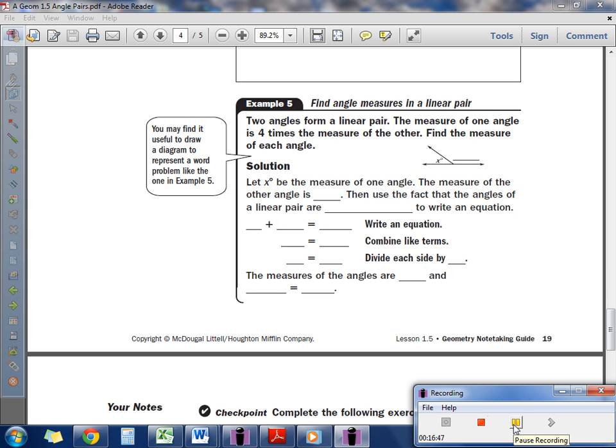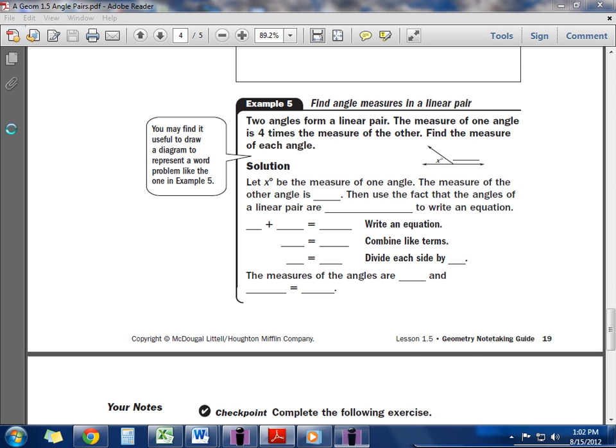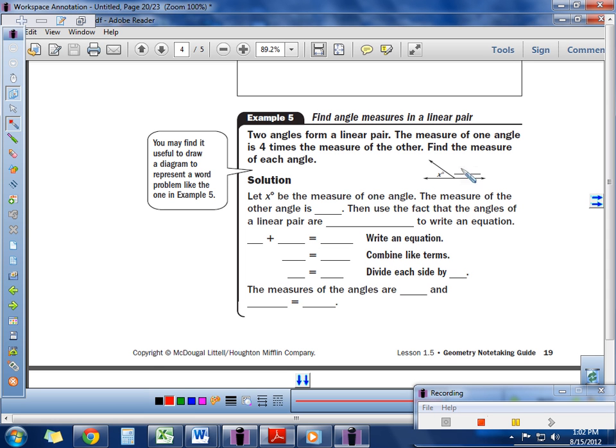In example 5, it says 2 angles form a linear pair. The measure of one angle is 4 times the measure of the other. Find the measure of each angle. This is just like you've seen in Algebra 1. So we can envision this as we don't know the value of one angle, and we really don't know the other one other than it's 4 times the other angle, 4 times x.